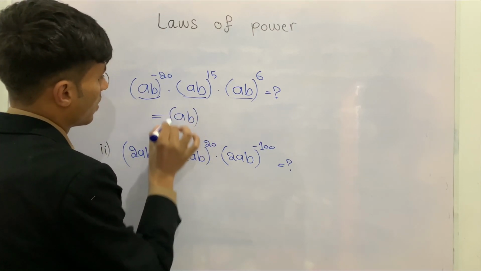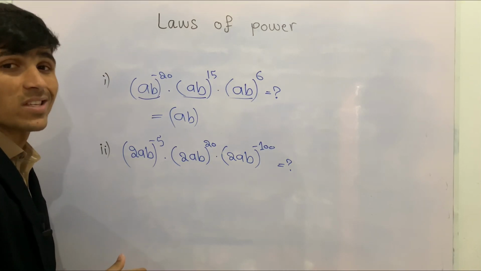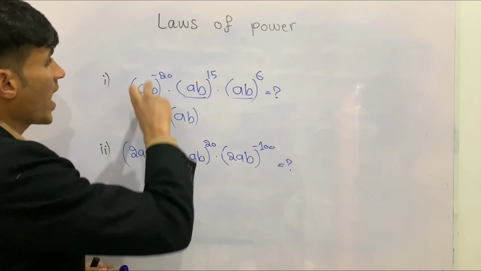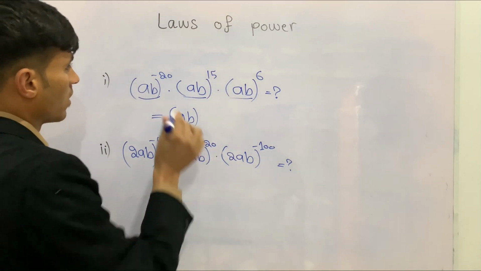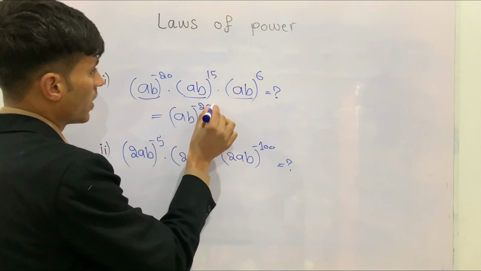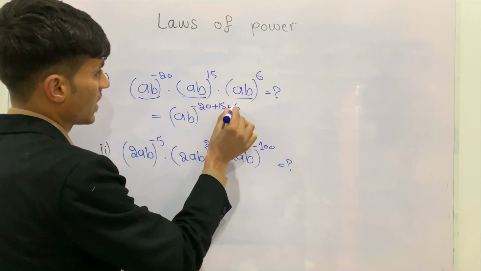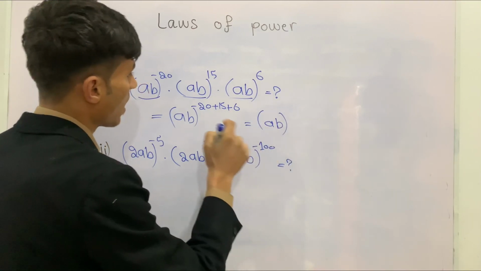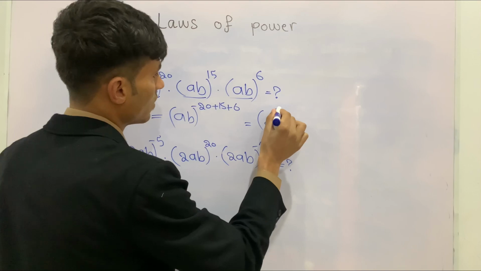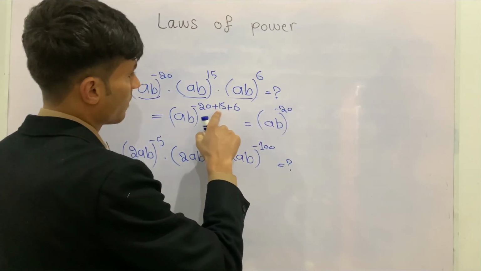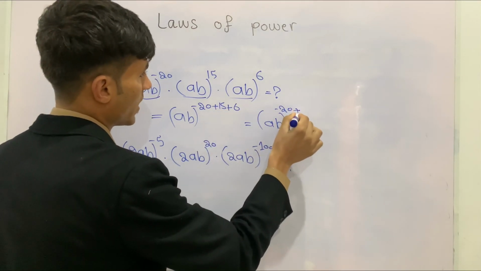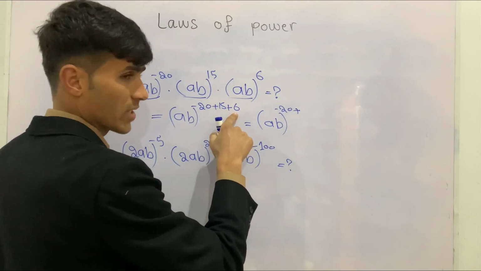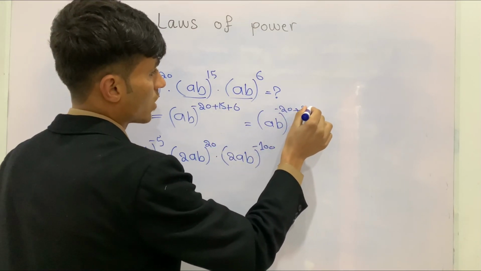What should you do next? That is to add the exponents. Negative 20 plus 15 plus 6 equals AB whole to the power negative 20 plus positive 15 plus 6 becomes 21.